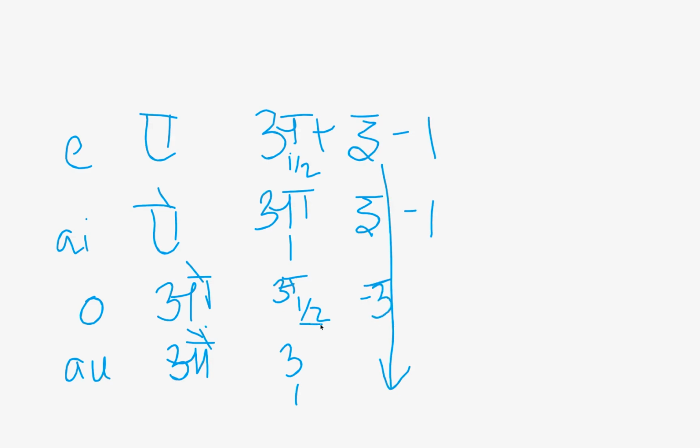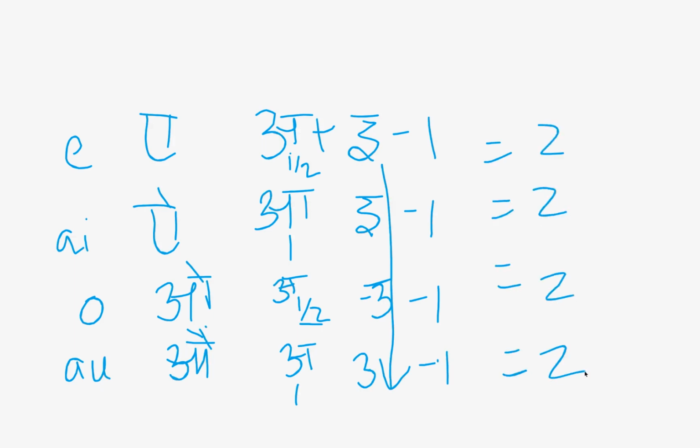Yeah, and A is half matra, E is 1 matra, A is 1 matra, O is 1 matra. But the total remains the same. Okay. I thought it was 1.5 matras on A. So the E would be 1.5. Oh yeah. Right. Sorry. Did I miss it? Okay.